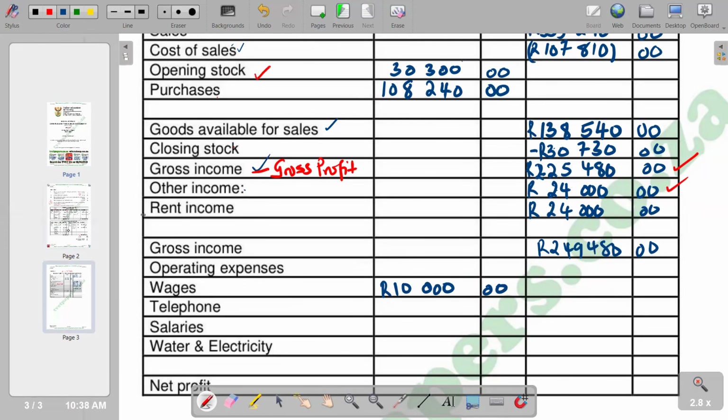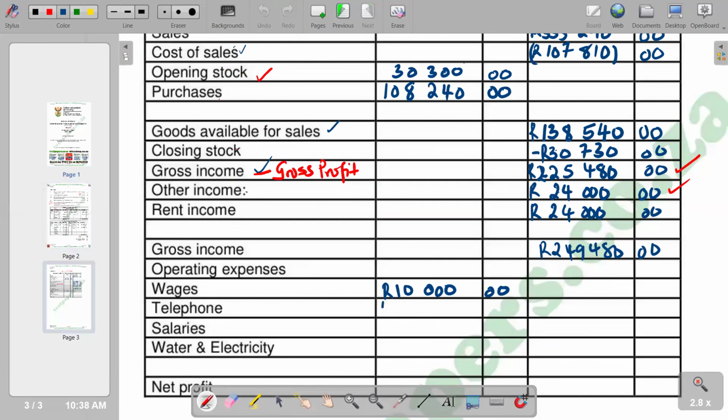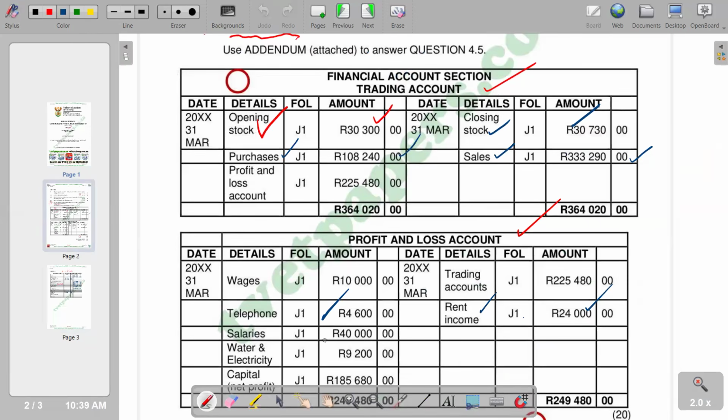And then for telephone, 4,600. And then we go to our salaries, 40,000.